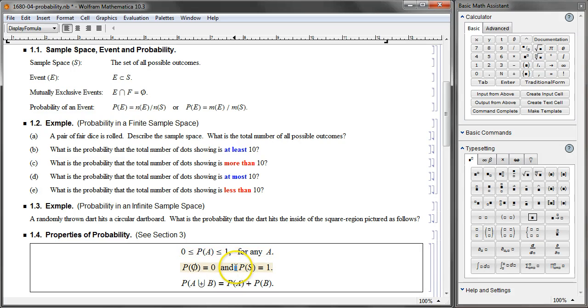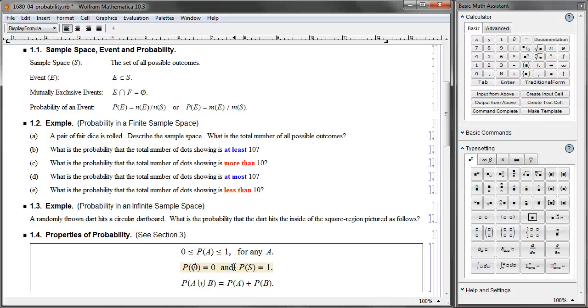Next, probability of an empty event is 0. Probability of total is 1. Well, that's pretty clear too. The total is always 100%, and nothing is nothing. Or, this may be overkill, but here it is. A certain event must take place if you're going to measure the probability, but the empty set is nothing, so what is the probability of nothing taking place when something must take place?